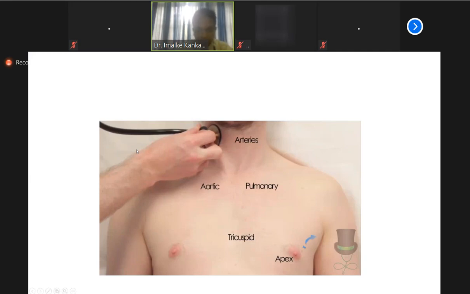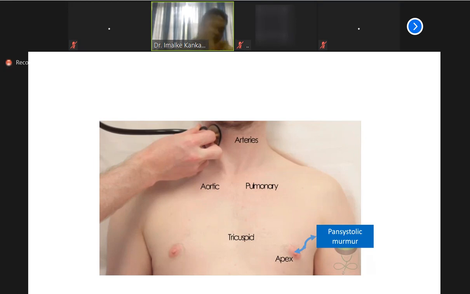Now, if you hear a murmur best heard at the apex in children, if it is not diastolic, which is very rare in children, this murmur, whether you like it or not, is pansystolic. You can't have an ejection systolic murmur at the apex.